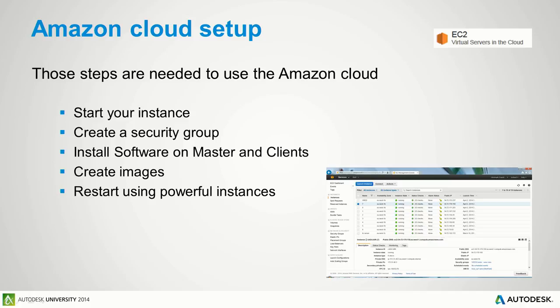It controls the ports. And when you launch an instance, you associate this to a security group. And so you define how secure it is, which ports are opened, which are closed, and so on. You install the software, you create an image, and you restart the whole thing with more powerful instances.